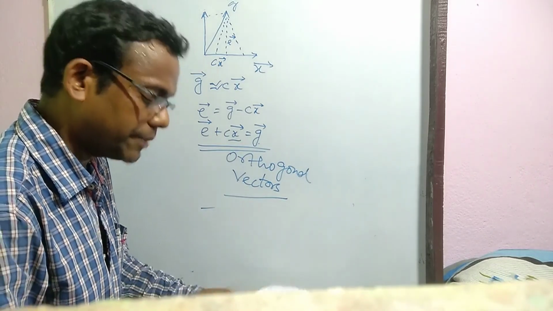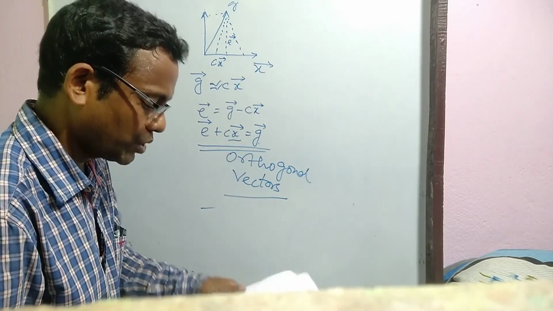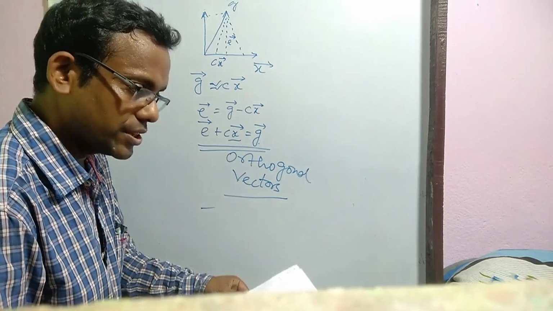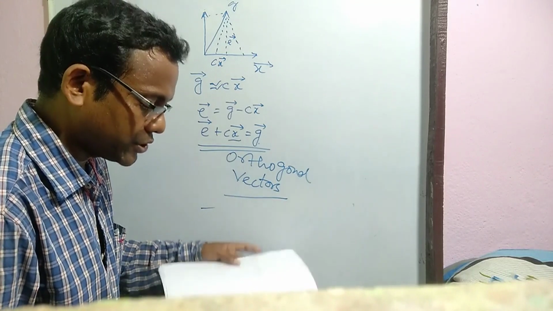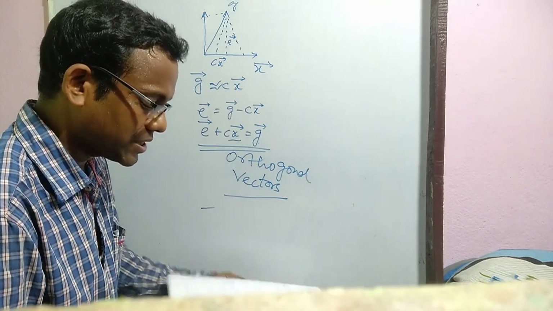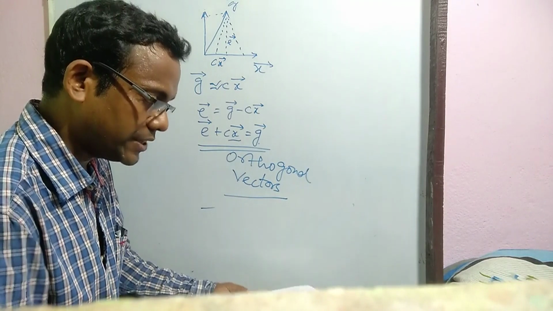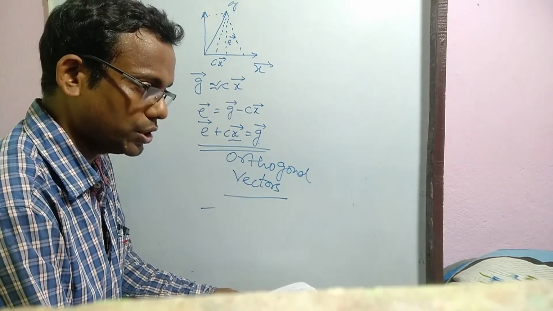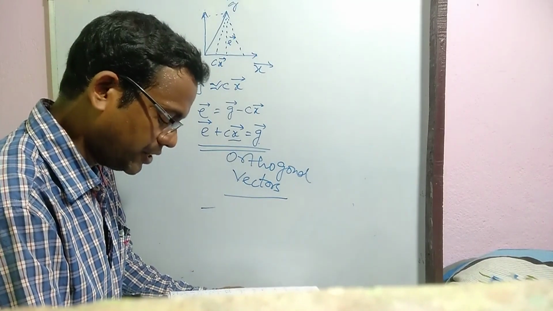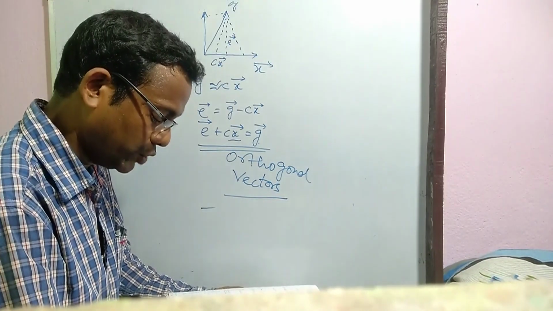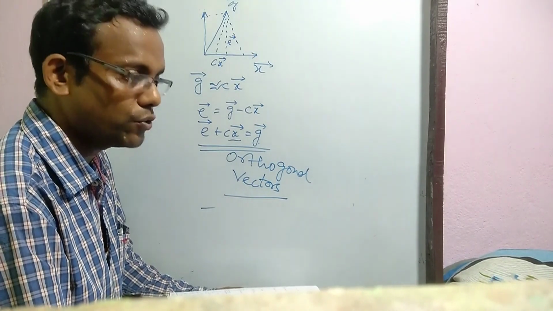And we also derived the expression of Fourier series coefficients, where g(t) is equal to a0 plus the sum from n equals 1 to infinity of an cos n omega 0 t, and bn is 1 by T over the time period of g(t) sin n omega 0 t.